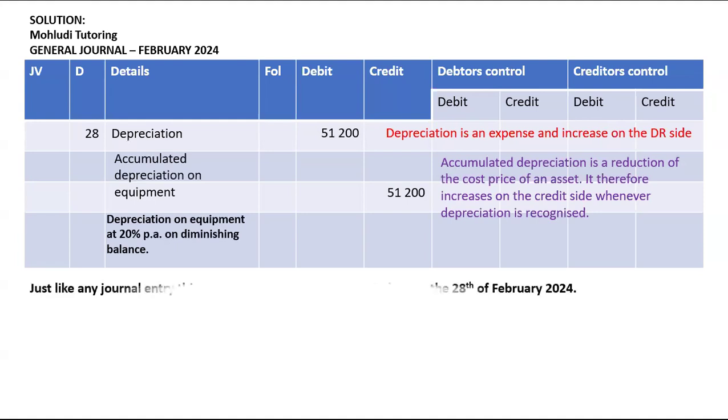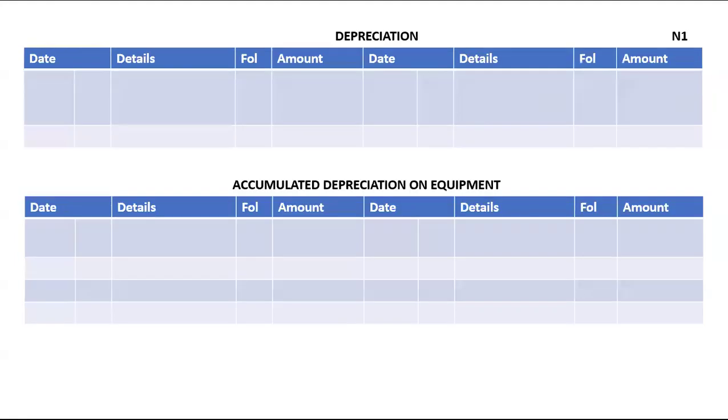Just like any other entry, this will be recorded in the general ledger. Depreciation is always closed off against profit or loss at the end of the year. So every year we're going to have depreciation, which is an expense.